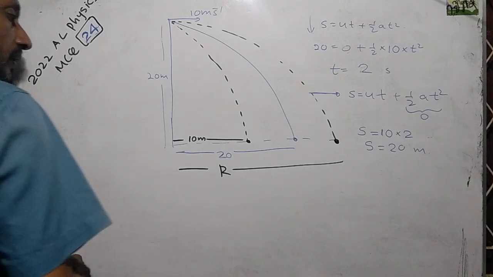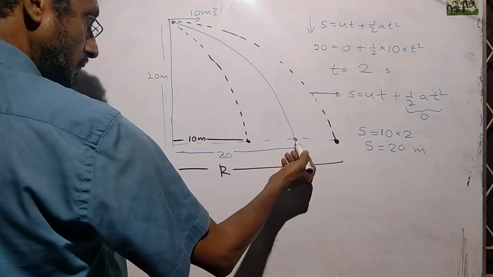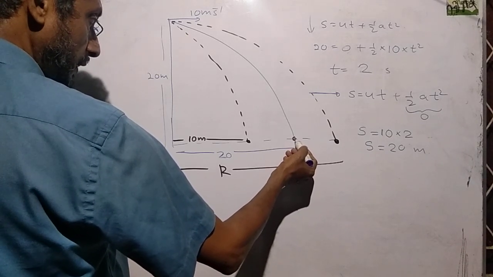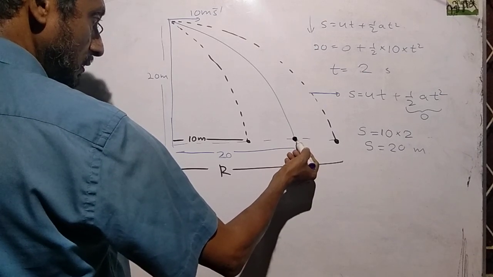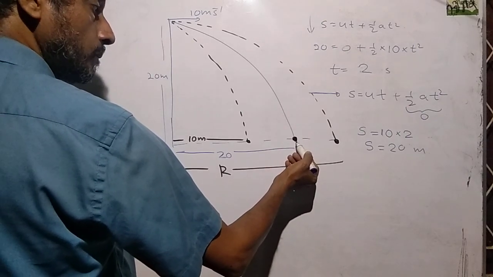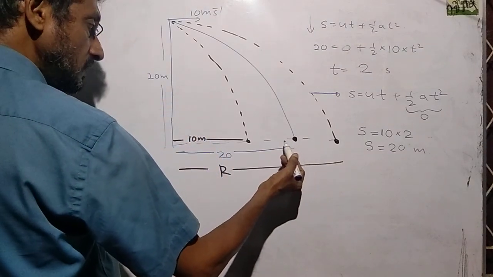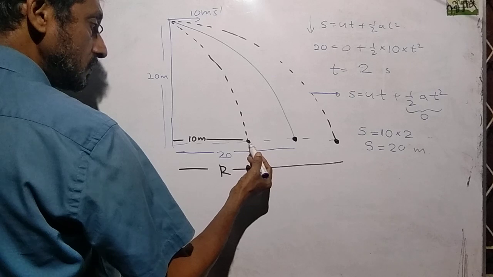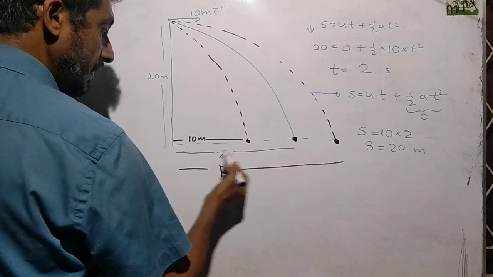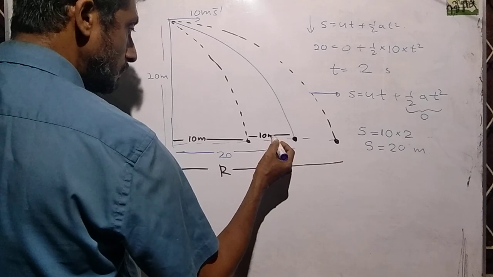You can calculate now the center of gravity of the ball, that means this point, the total mass. The ball hits this point if the ball does not split, and the split part is at 10 meters, so 20 minus 10, therefore this distance is 10 meters also.